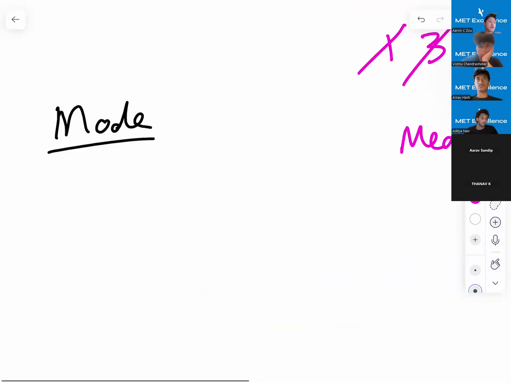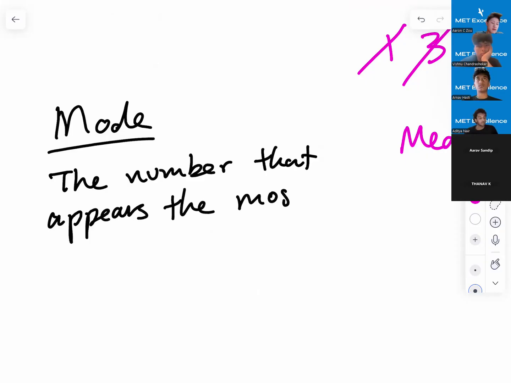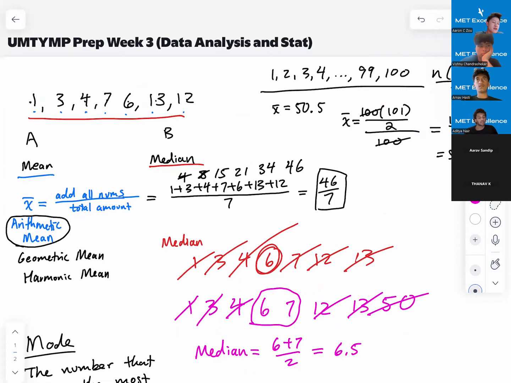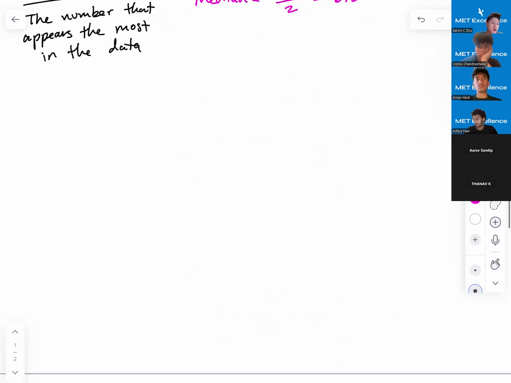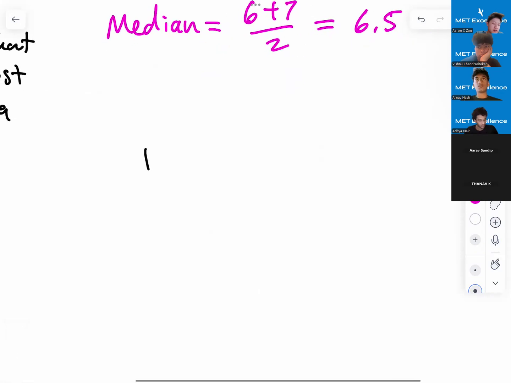okay? And the mode is simply the number that appears most in the data. So if we look at this data list, this doesn't have a mode because each number only appears once. But if I give you an example, let's say I have this data set right here.